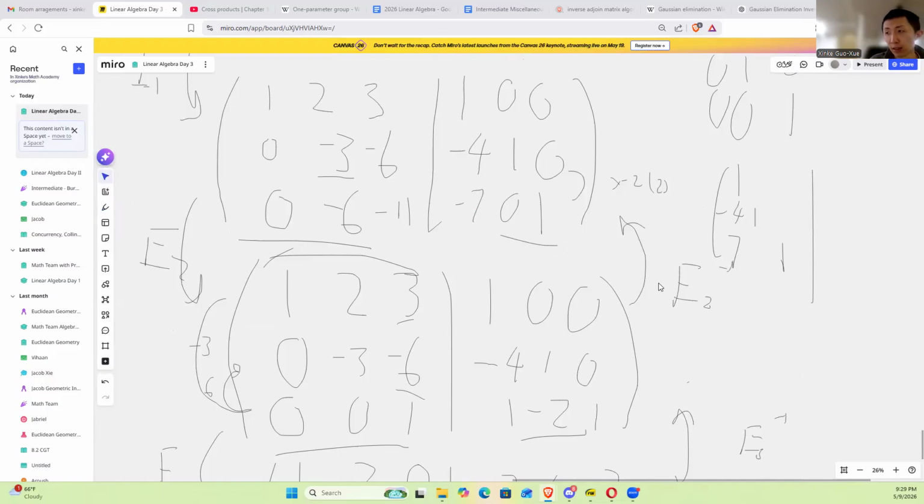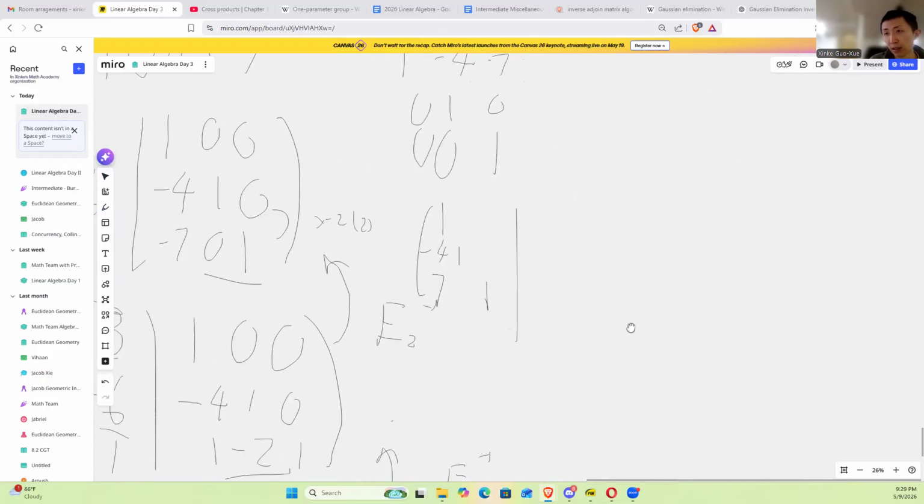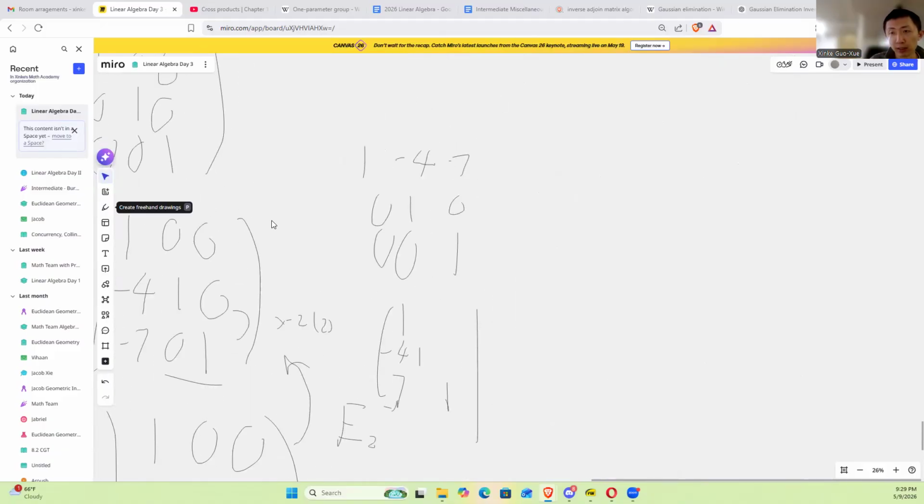It's like first we applied E1 to A, and then we applied elementary row operation 2 to A, and then E3, and then E4.